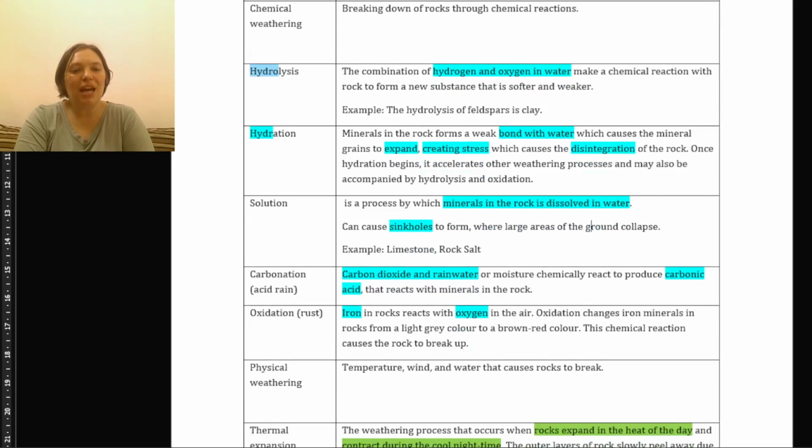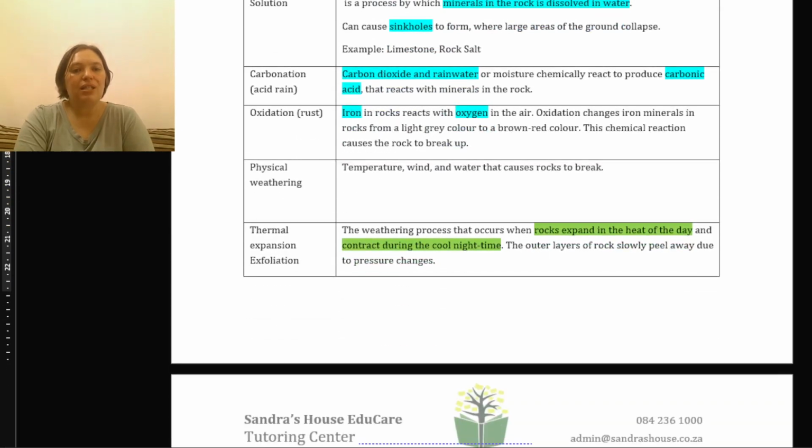Okay, then the next one is carbonation. Carbonation is carbon dioxide that dissolves in the rainwater and it makes an acid called carbonic acid. So the carbonic acid reacts with the minerals and it causes them to weaken and break. And then oxidation is also called rust.